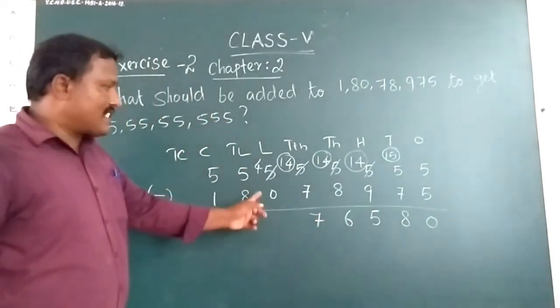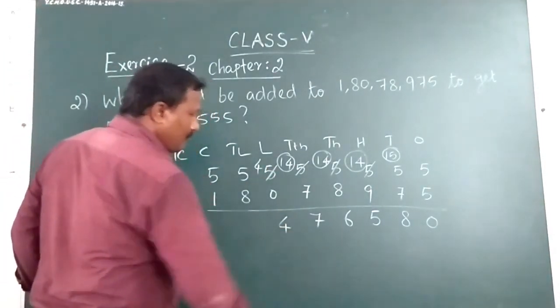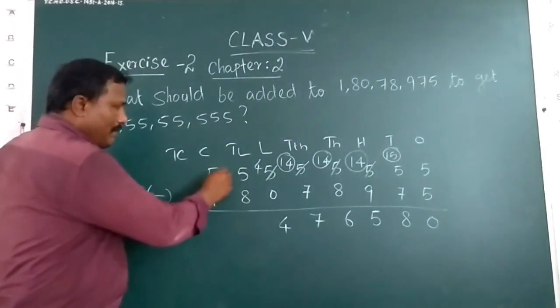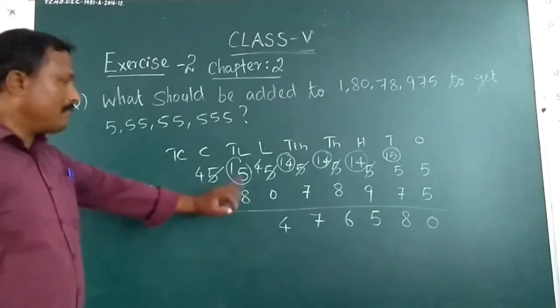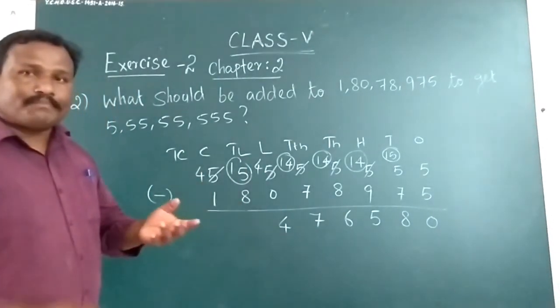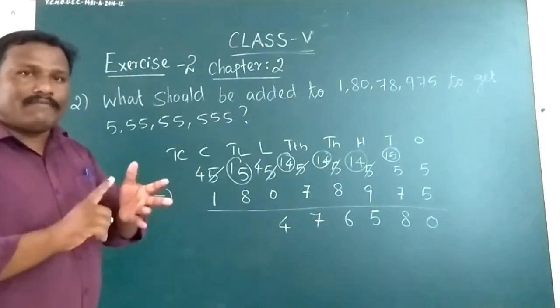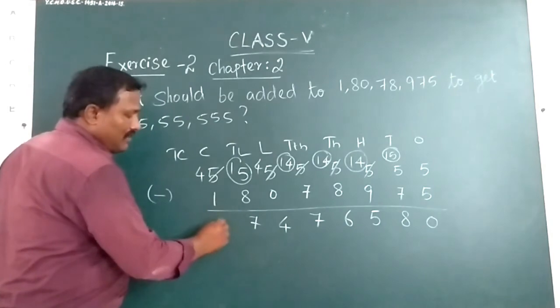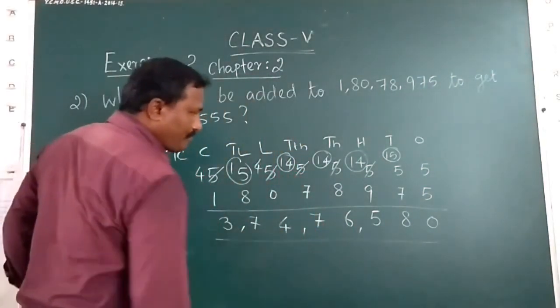Then 4 minus 0, we can subtract, so 4 as it is. 5 minus 8, we can't subtract, so I will borrow from the nearby number. So 15 minus 8: after 8 comes 9, 10, 11, 12, 13, 14, 15. So 7 is the difference. 4 minus 1 is 3. So this is the second number.